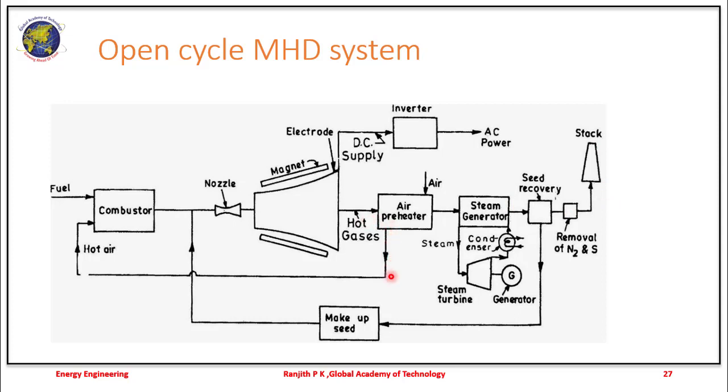The seed recovery is to ensure that the particles that are needed for the magnetohydrodynamic system are reused, and additional agents are added as a makeup kit, and this is sent.